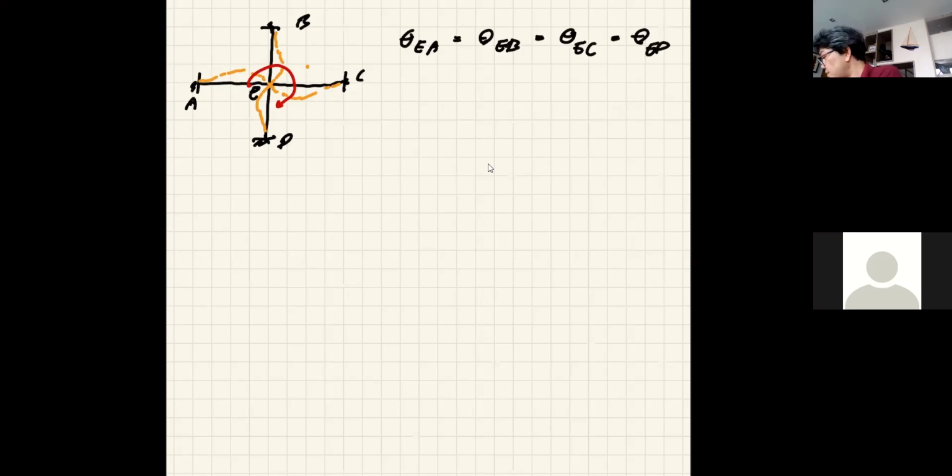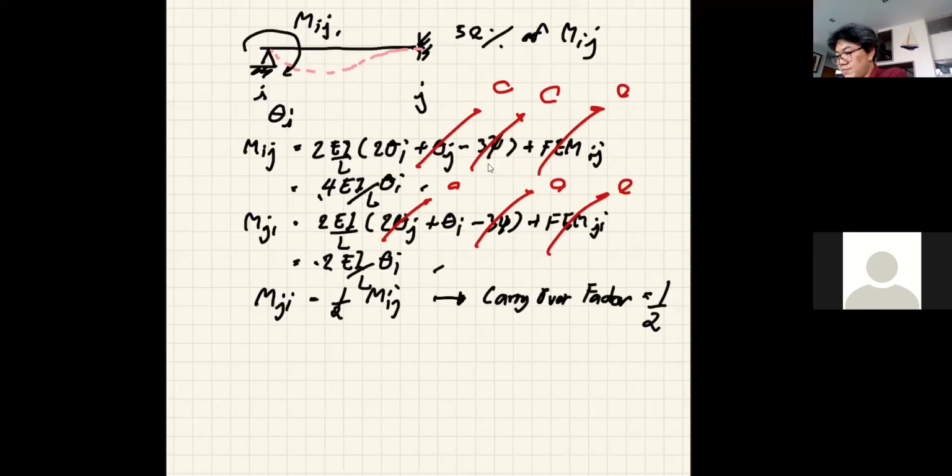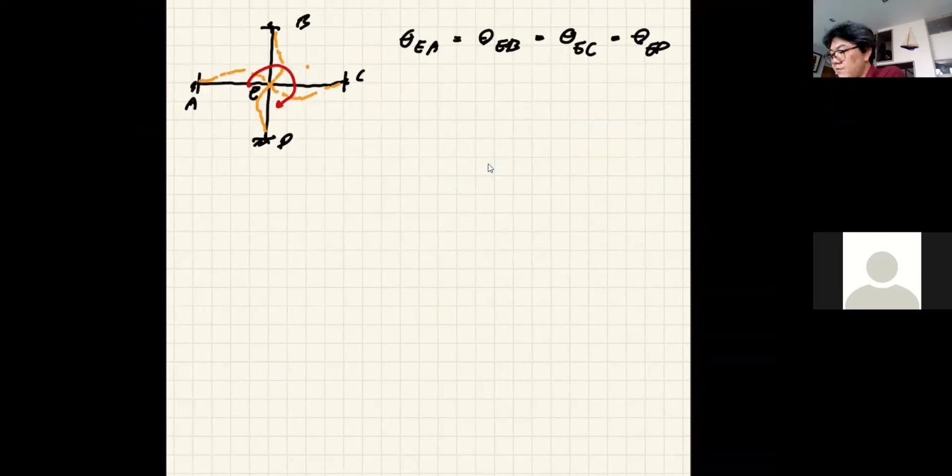And from my moment equation from the previous page, Mij is equal to 4EI over L zeta ij.